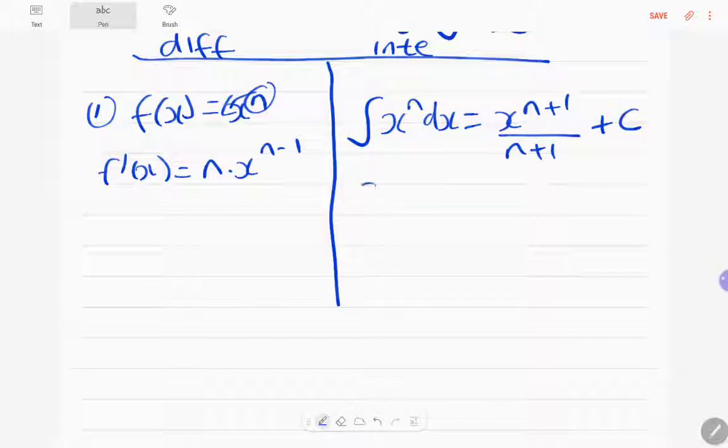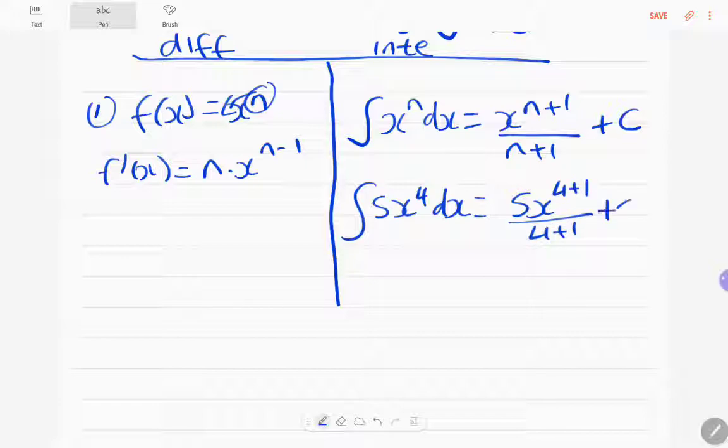Now let's say they say find the integral of 5x to the power 4 dx. Say 5x to the power 4 plus 1 all over 4 plus 1 plus c, which is 5x to the power 5 all over 5 plus c. This and this cancel, so we'll be left with x to the power 5 plus c.